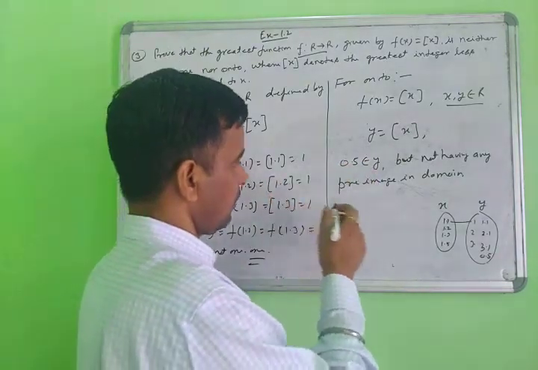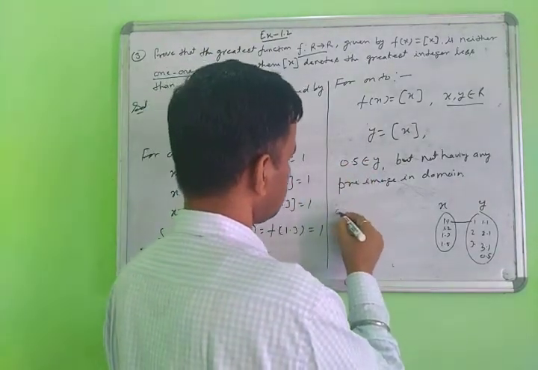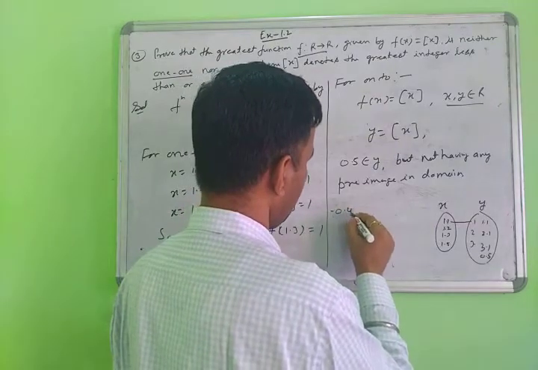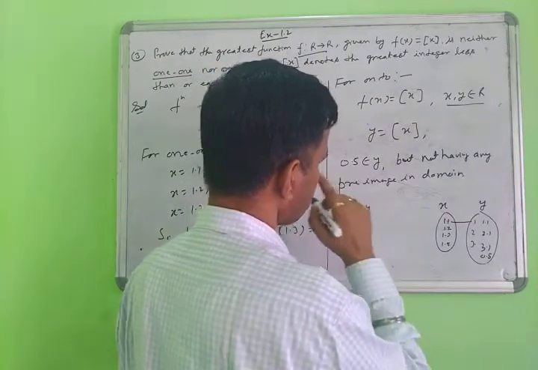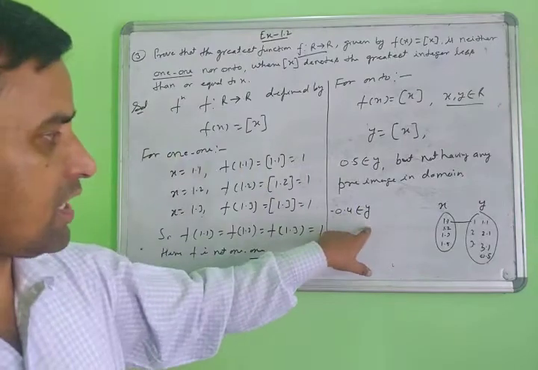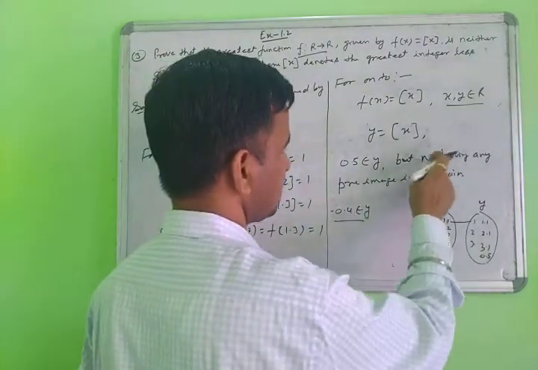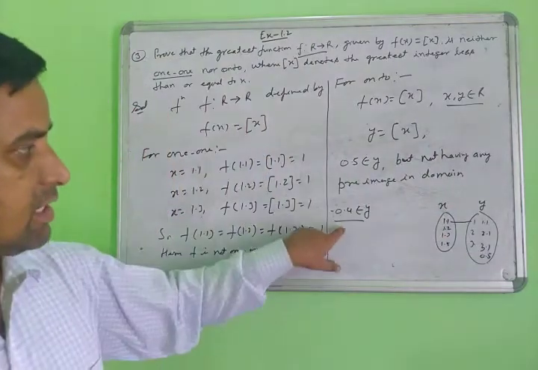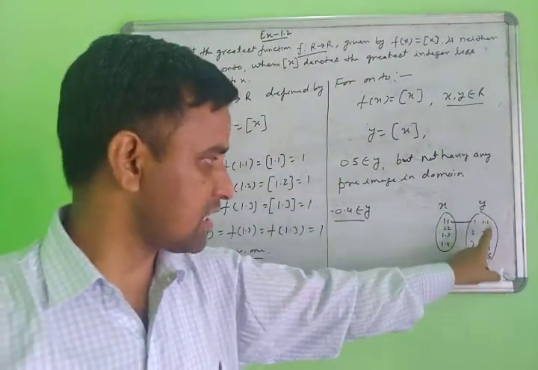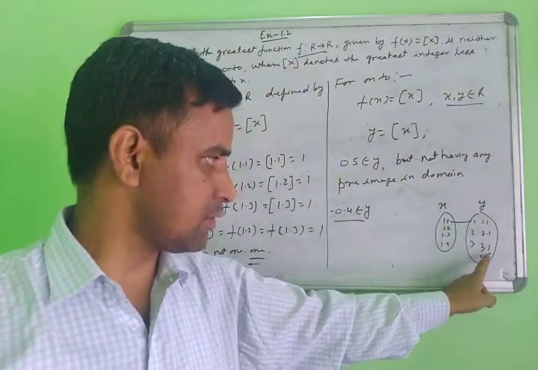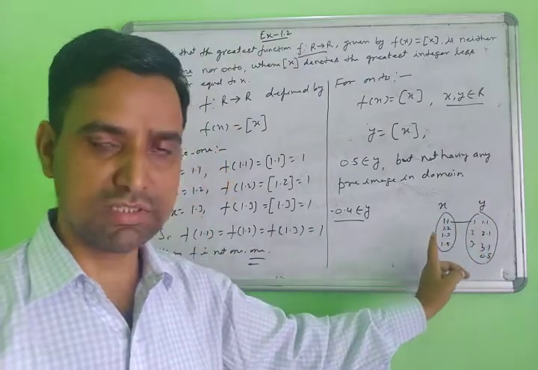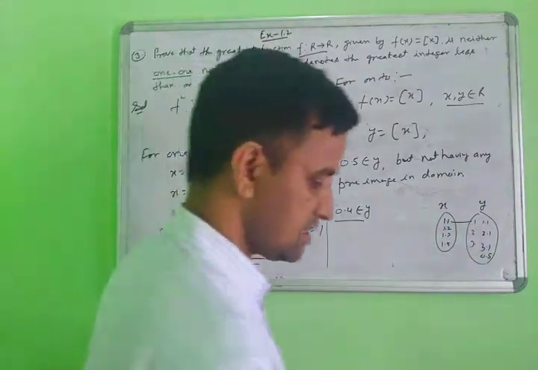One more thing you can take: minus 0.4 belongs to y, but does not have a pre-image in the domain. This type of number, a decimal number, does not have a pre-image in the domain. So this is a simple example here.